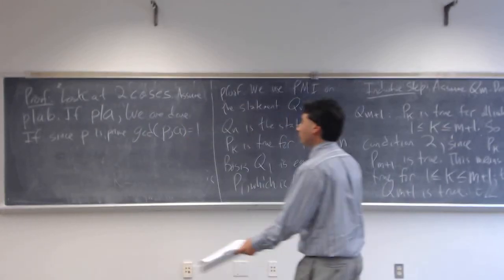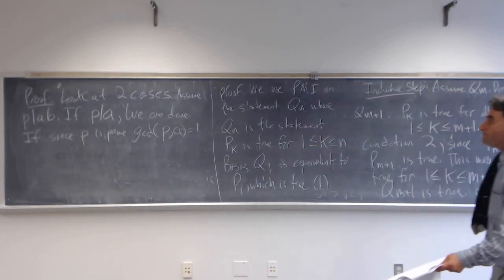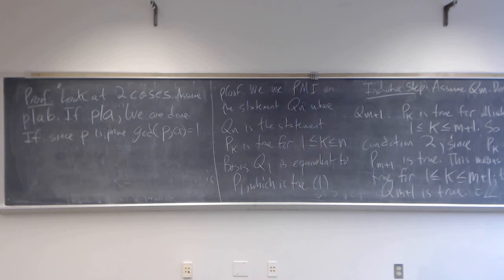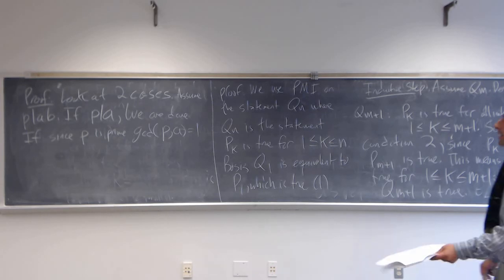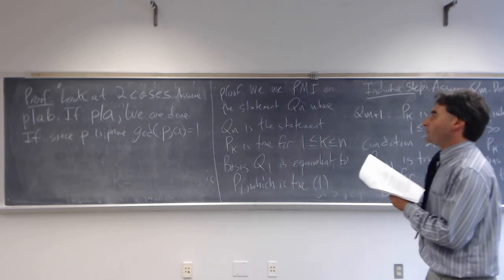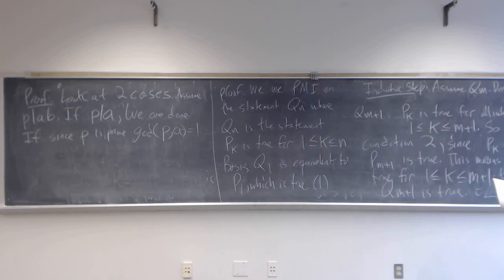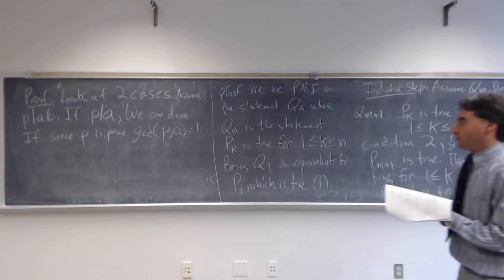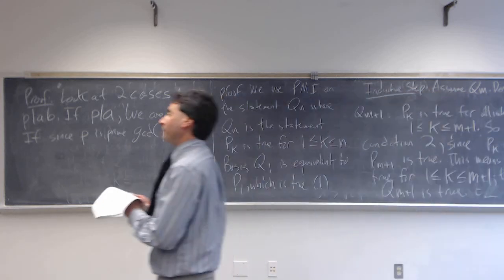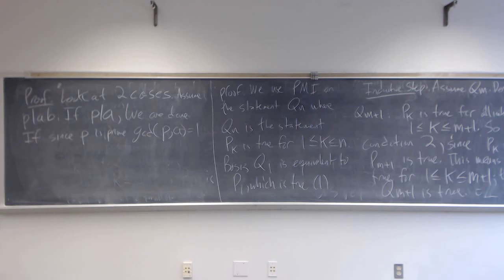Because if P doesn't divide A, there's no way that they could have a common factor, because the only possible common factor P could have would be P. So the greatest common factor is 1.